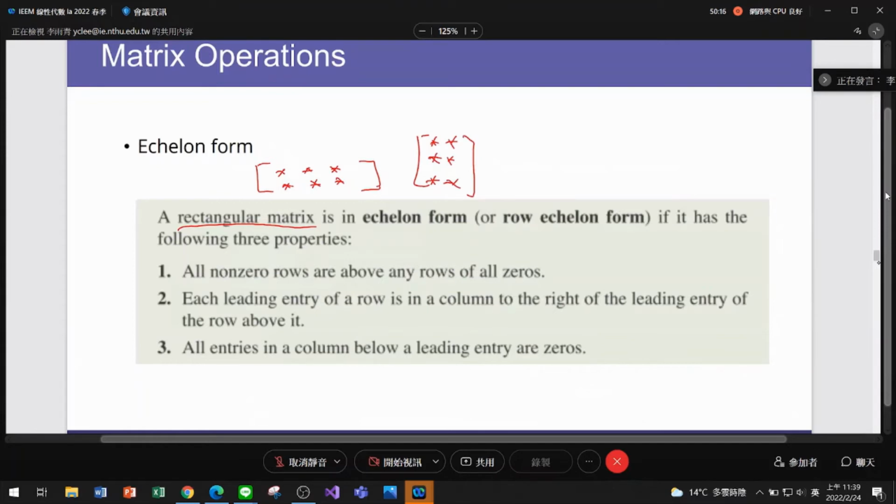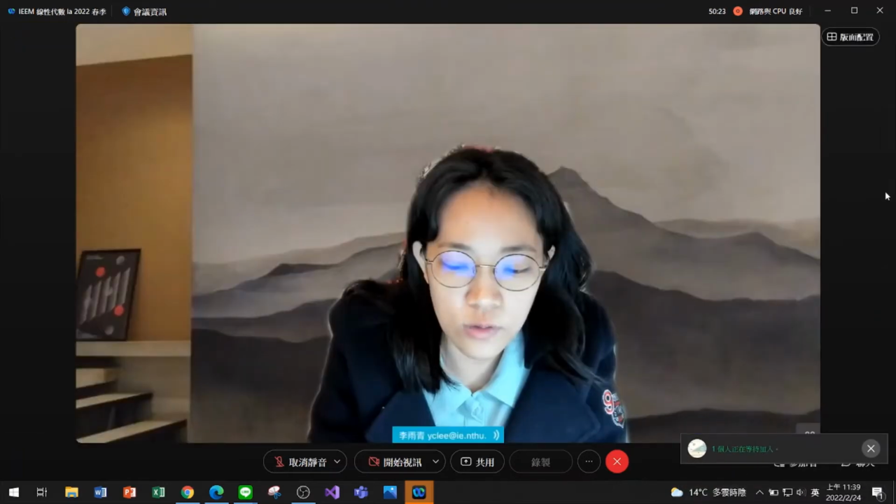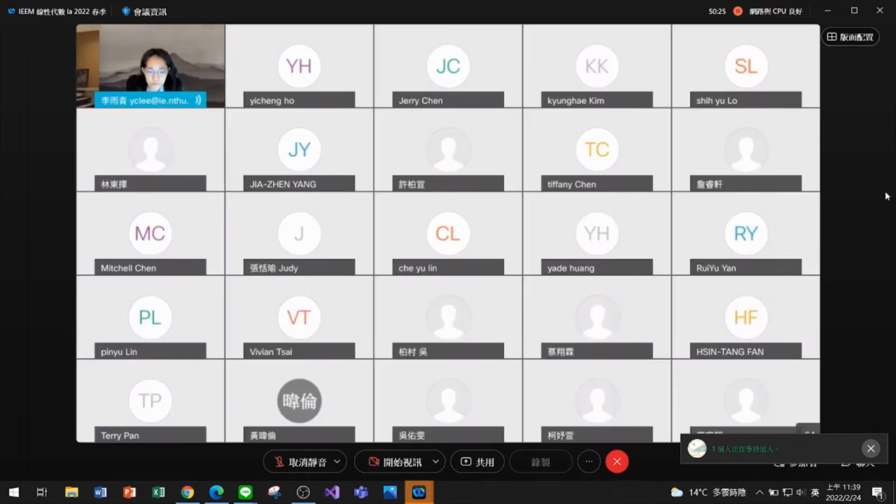So the properties of echelon form: first, all nonzero rows are above any rows of all zeros.